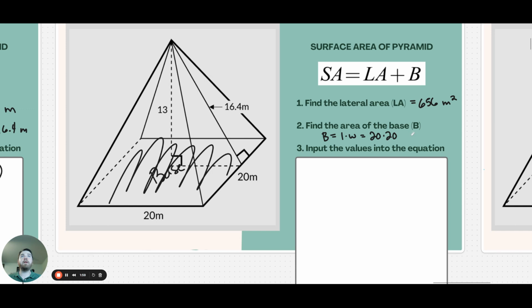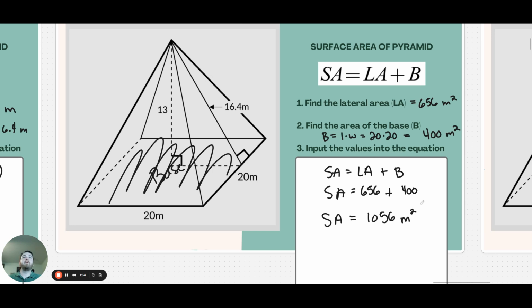So 20 times 20, which in this case is 400 square meters. Now I just need to input those values into my equation. So surface area is going to be equal to lateral area plus base. So the surface area is equal to 656 plus my base, which is 400. When I add those two things together, I get 1,056, and that's going to be meters squared. That's my surface area for a pyramid.